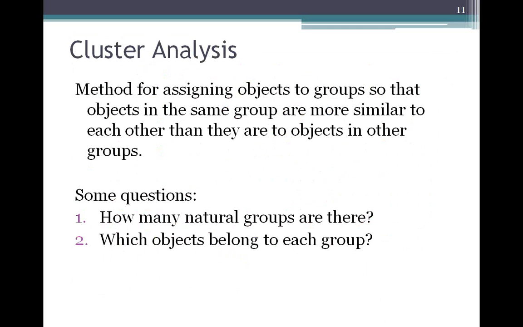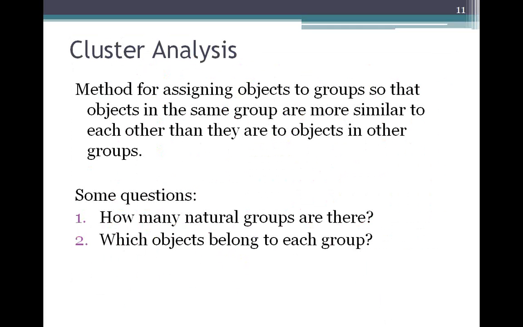Basically, I'm going to take my 50 states and put them in groups, and I'll try to put them in groups in such a way that the objects in the same group are more similar to each other than they are to objects in other groups.